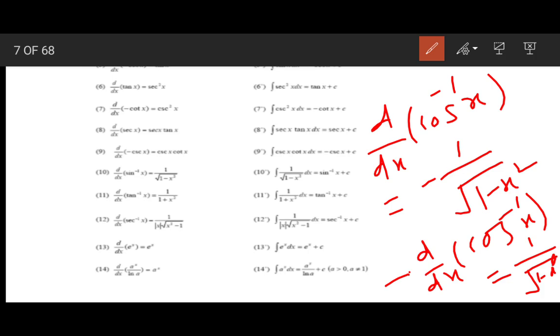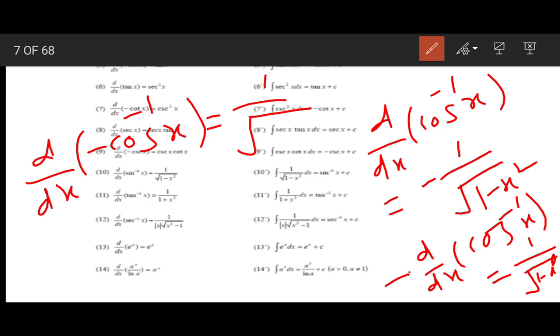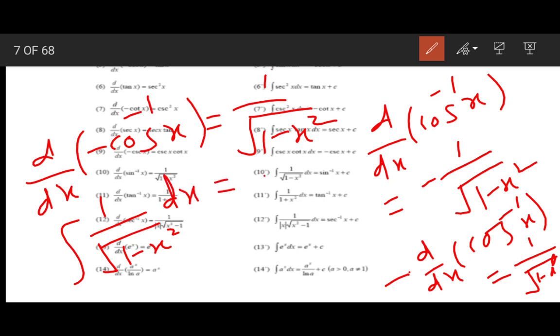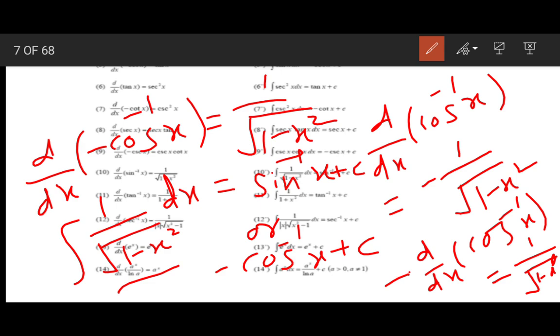So that means the derivative of minus cos inverse x is equal to 1 upon under root of 1 minus x square. Hence the integral of 1 upon under root of 1 minus x square dx is either sin inverse x plus c or minus cos inverse x plus c.